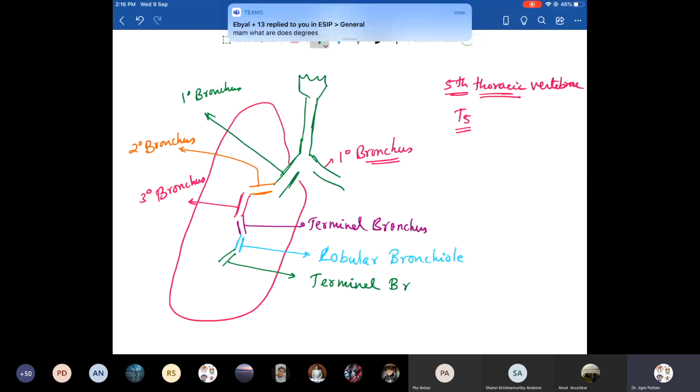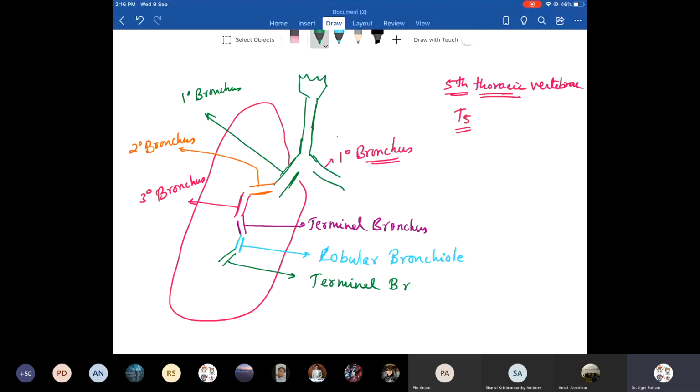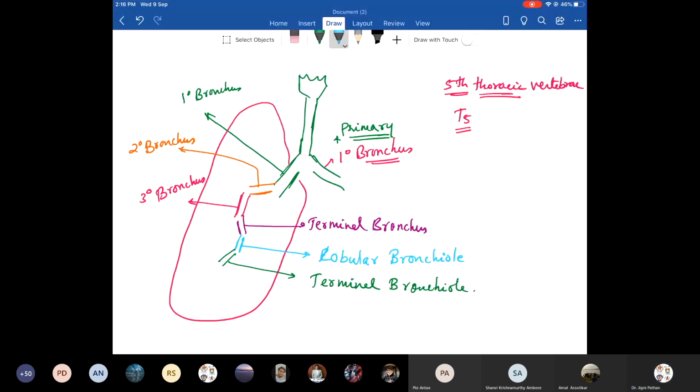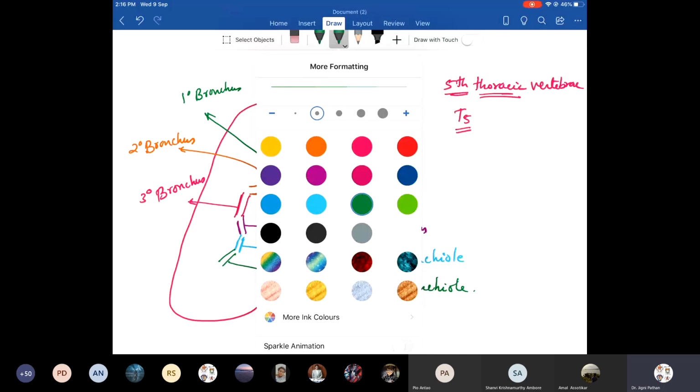You know that this is primary, secondary, tertiary. These are the names. Terminal bronchiole further divides into what?